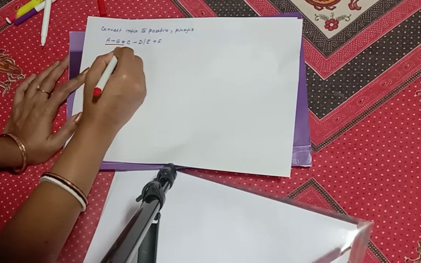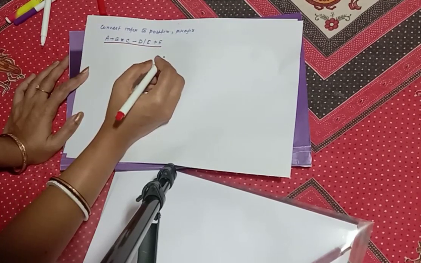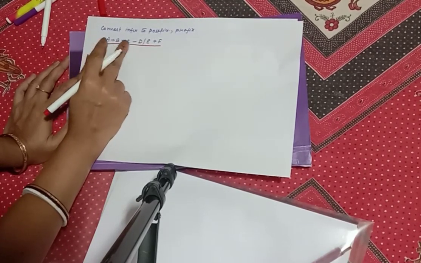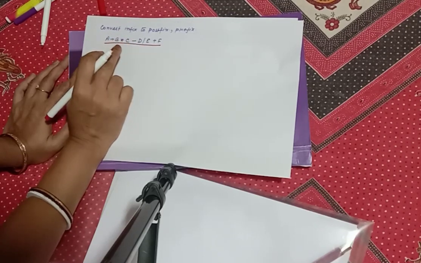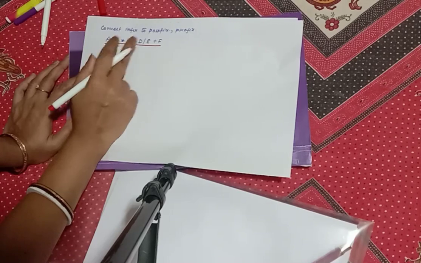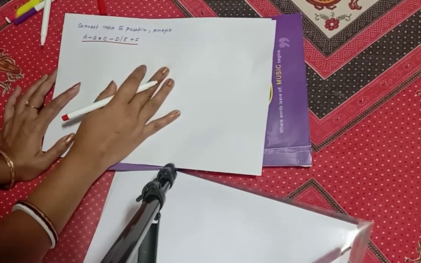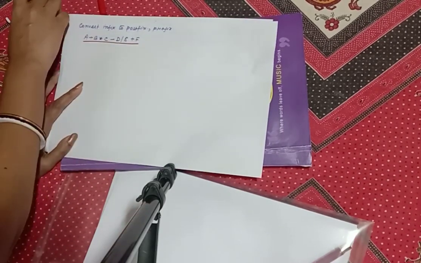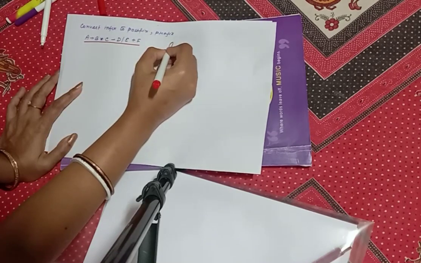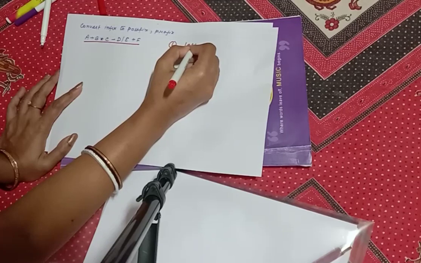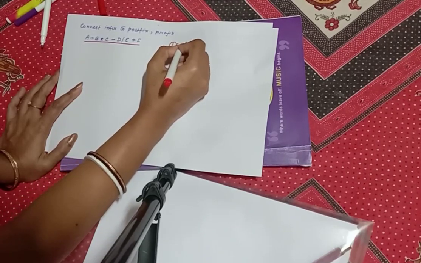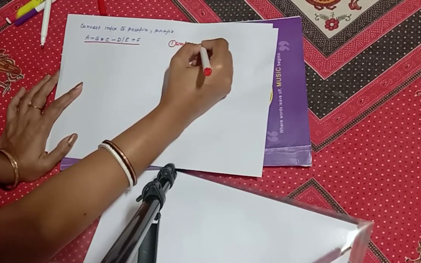From here, we can see this is an infix expression as the operators are placed in between the operands. Now, to convert into postfix or prefix, we have to follow a certain rule. What is the rule? Rule number 1 is that we have to traverse from left to right, or we can say we have to scan left to right.